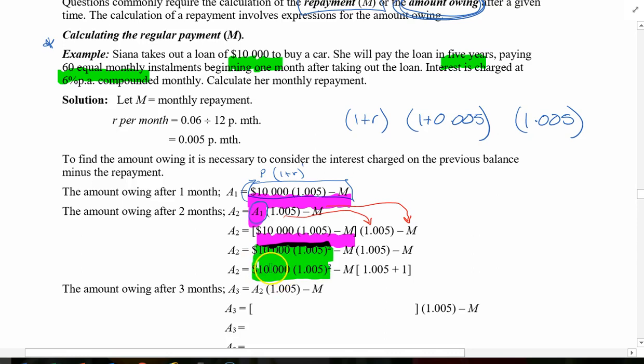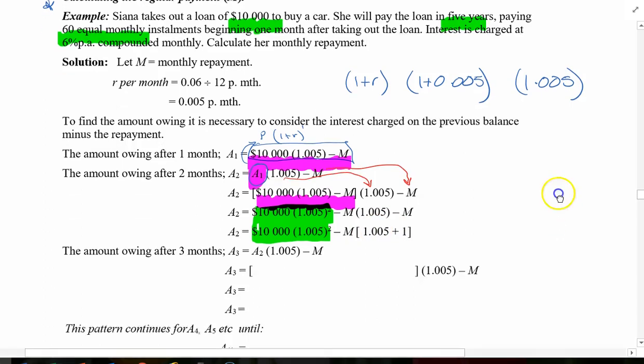Because 10,000 is the amount of the loan, 1.005 is our 1 plus r, and 2 the power is the same as the number of payments. I've then taken m outside of this and I'm setting up my GP. So you'll see in a moment that, or eventually we'll start swapping that around.